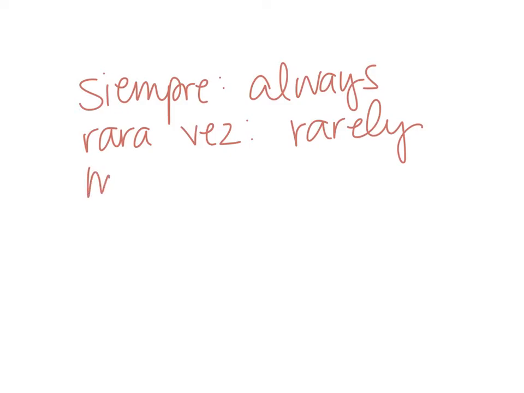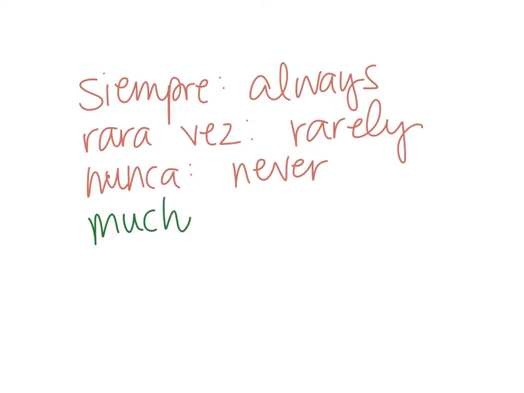And next we have nunca. Nunca means never. Next we have mucho, which means often. As you know, it can also mean much, okay, but in this case it means often.